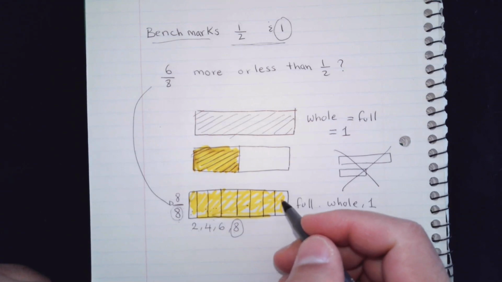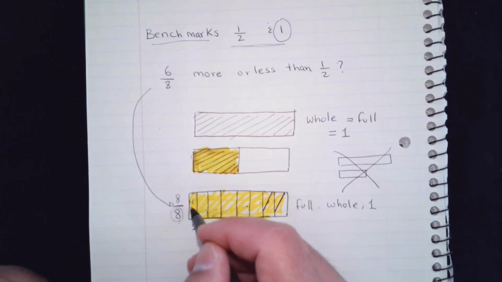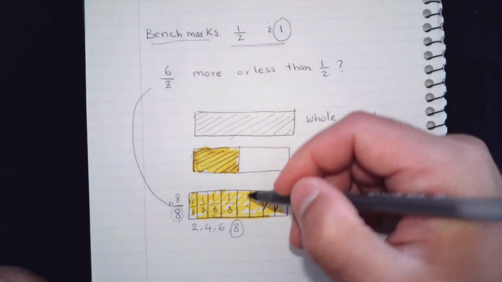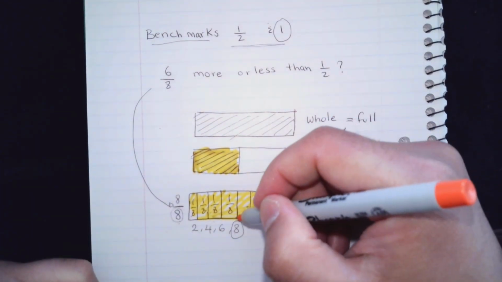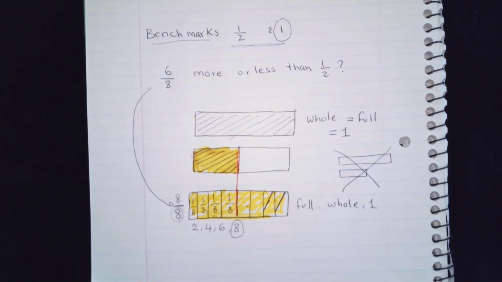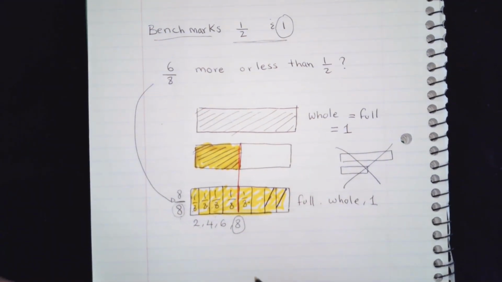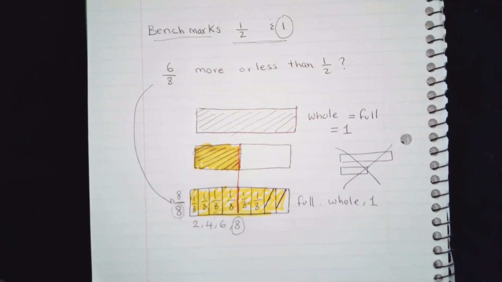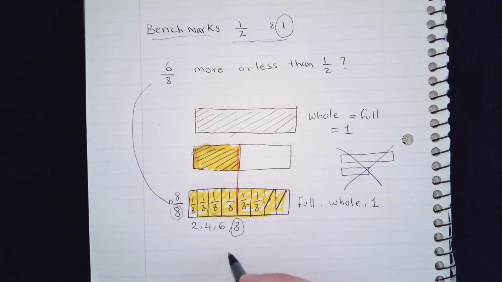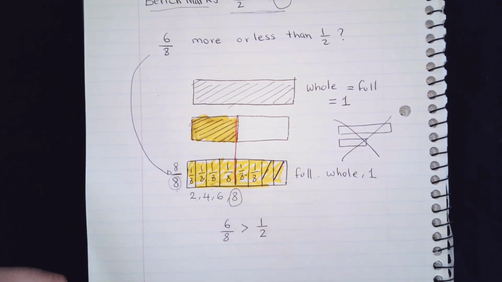I'm going to cross out 2. 1 is out, 2 is out, so that gives me 1/8, 2/8, 3/8, 4/8 is the equivalent. 4/8 is the same as half because 4 is half of 8, right? So 5/8 is more than half. 6/8 is definitely more than a half, okay?